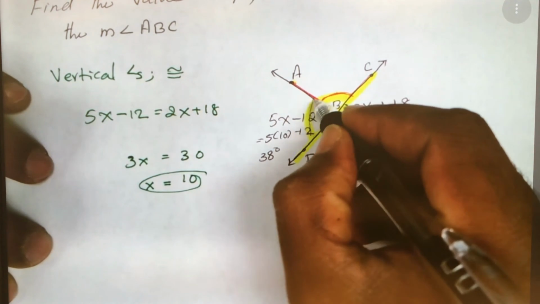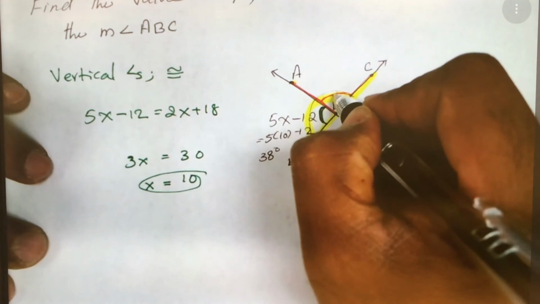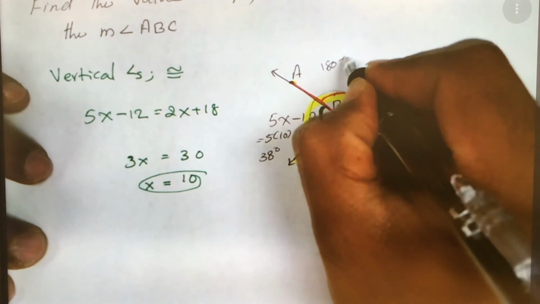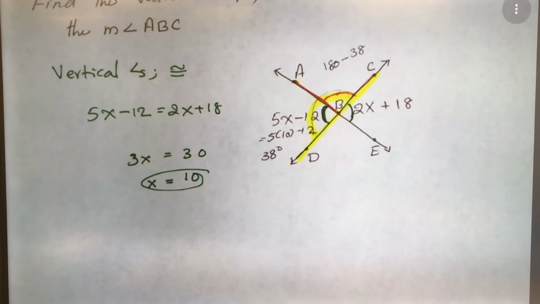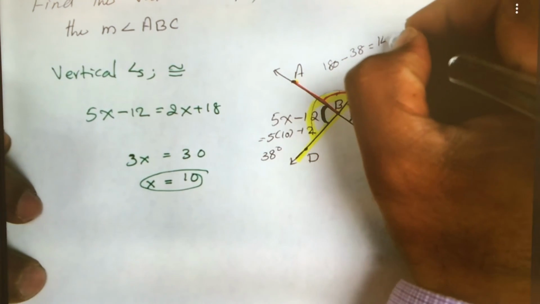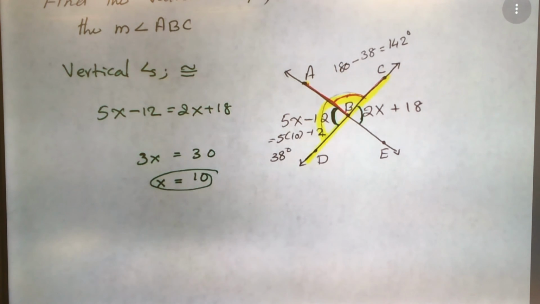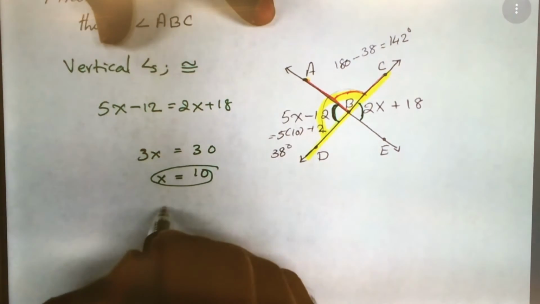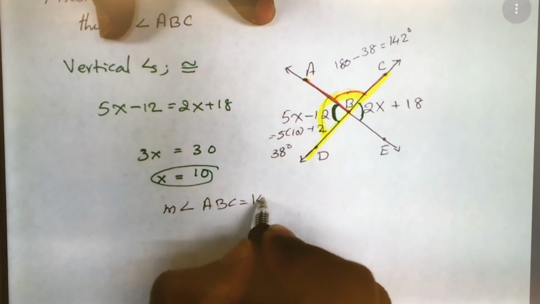I know the whole angle adds up to 180, so this angle should be 180 minus 38 degrees. 180 minus 38 is 142 degrees. Here the drawing is not to scale, okay? The measure of angle ABC is 142 degrees.